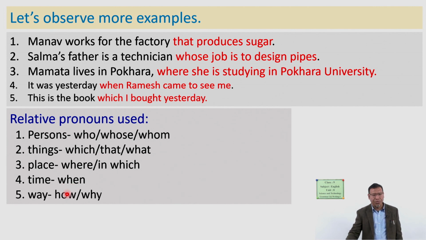And to indicate way, the way of doing, manner, we use how or why. Though we can use other words like whenever, whatever, however, generally to talk about person, place, thing, time and way, we use these relative pronouns. And when we use these relative pronouns to connect the other words, that forms the relative clauses. Let's go ahead.